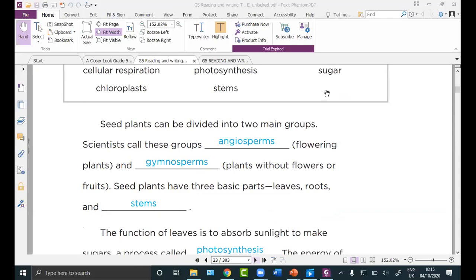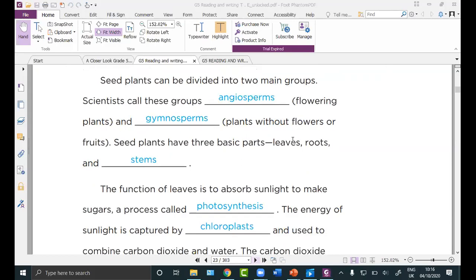The energy of sunlight is captured by chloroplasts. Continue. Combine carbon dioxide and water. The carbon dioxide comes into the leaf through stomata. Thank you.